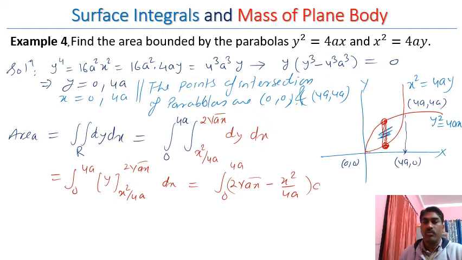And I hope that you can now integrate this. This is a pretty easy integral. The final answer after integration, this is x to the power 1 by 2, so you can integrate, and this is x square, so you can integrate. So after integrating and putting the limit, the answer is 16 by 3 a square. So this is our required area.